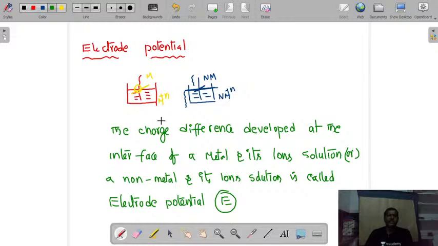The charge difference developed at the interface of a metal and its ions solution, or a non-metal and its ions solution is called electrode potential.